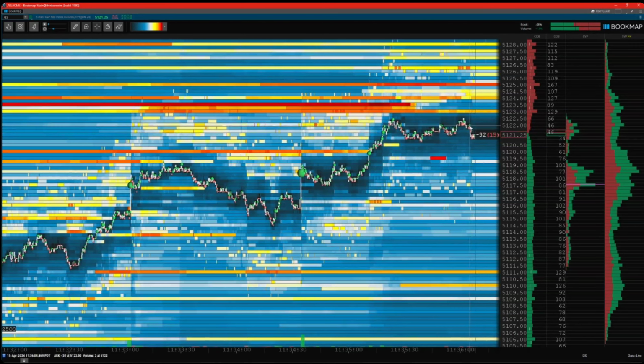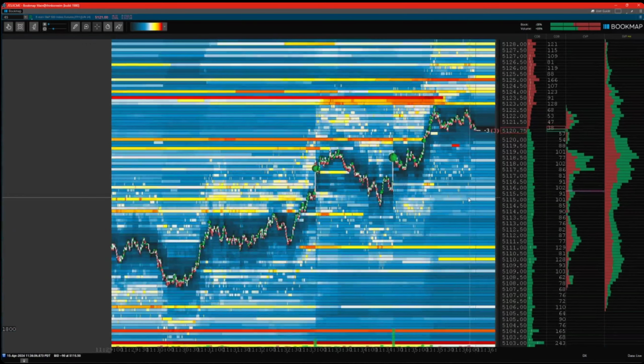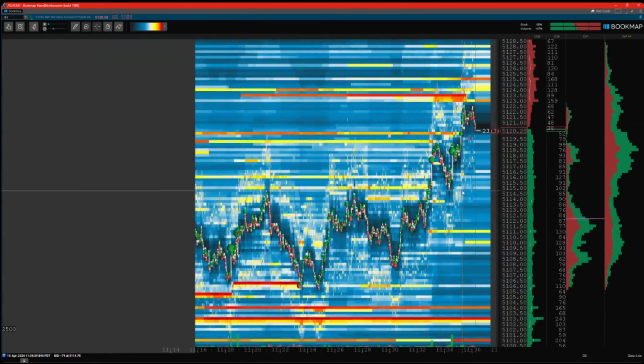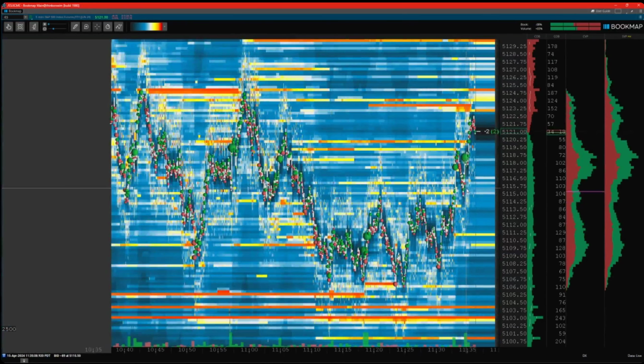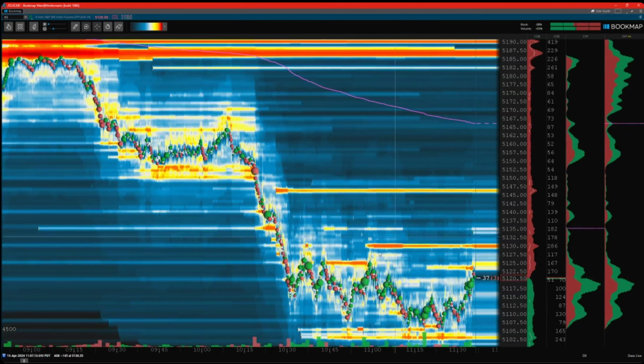And this is aggressive sellers now taking it back down. And if you zoom out, you can see that all day right here, from earlier today, right? This was a huge area. This 51.25.